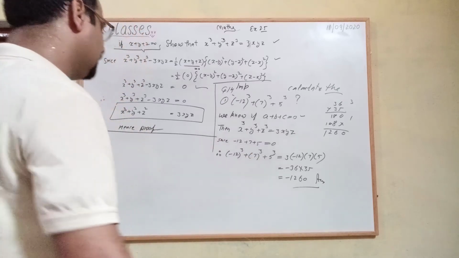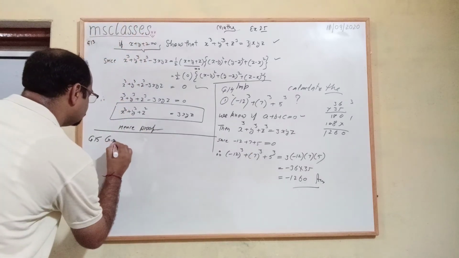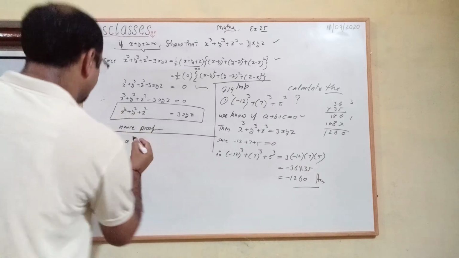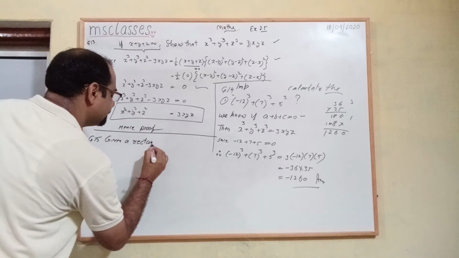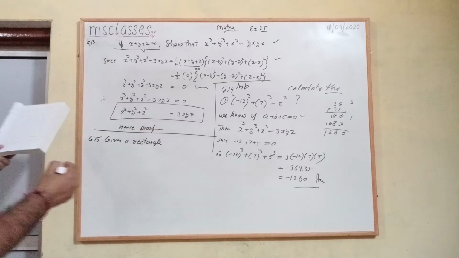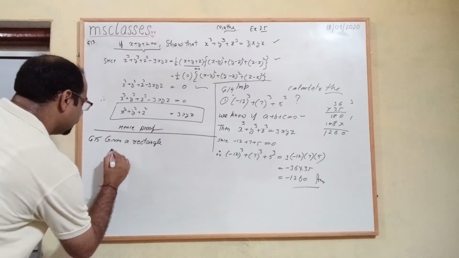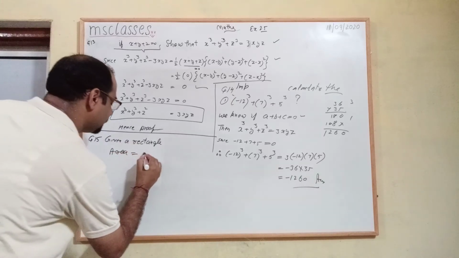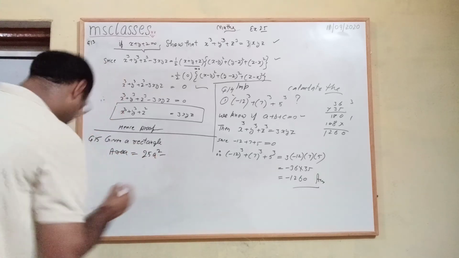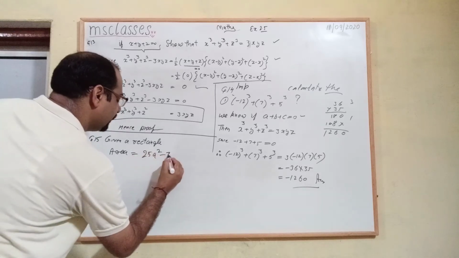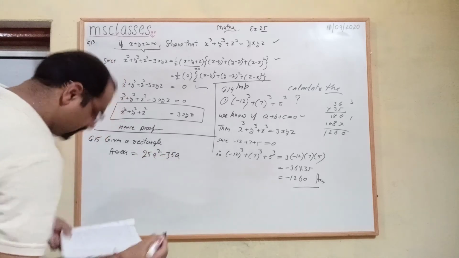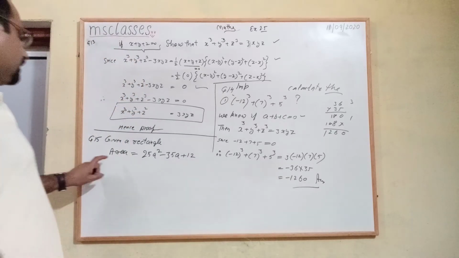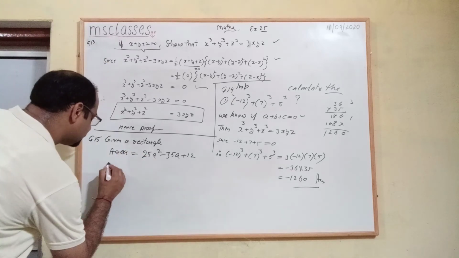So you have a rectangle having area equal to 25a square minus 35a plus 12. Right, so this is your question. You have to calculate the dimensions.